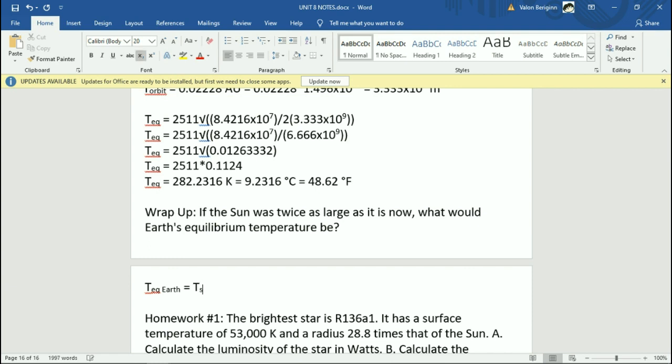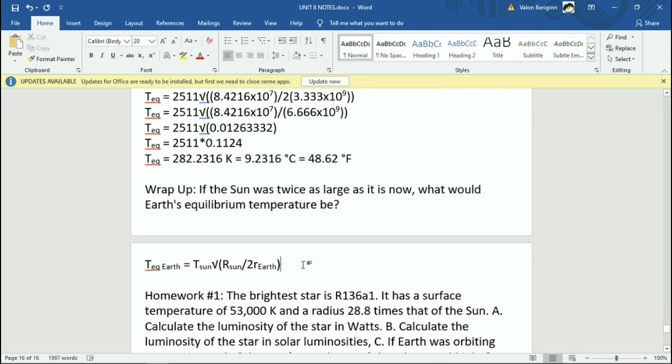It's the temperature of the sun, which is a number, times the radius of the sun divided by 2 times r. I guess I'll just say that. And again, if you plug in the right numbers, you'll get the answer we normally have. So this equals T_EQ Earth.